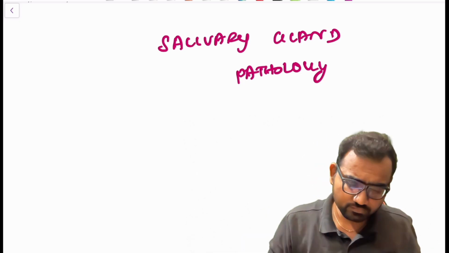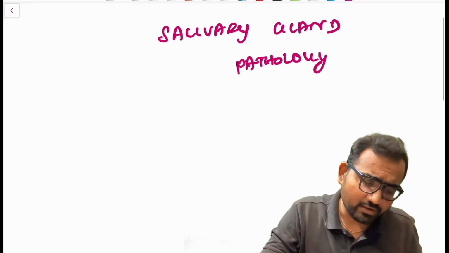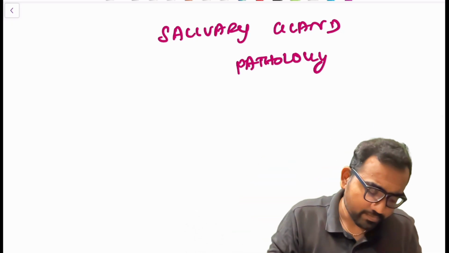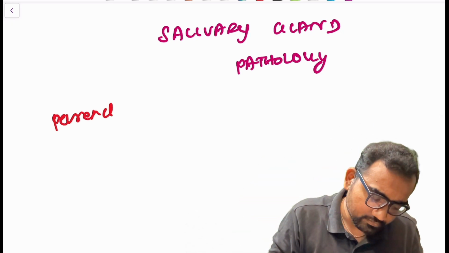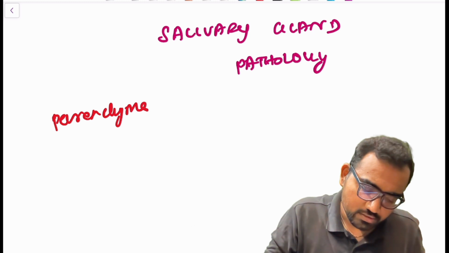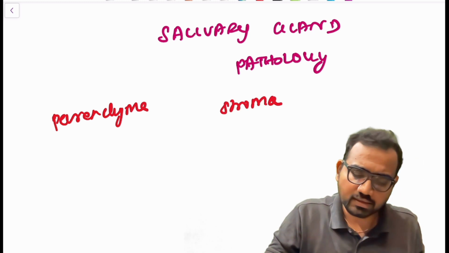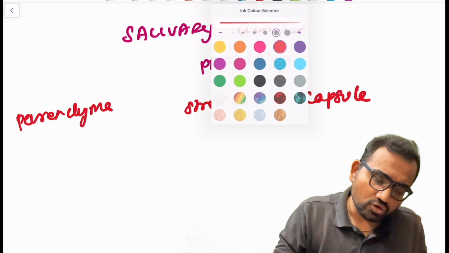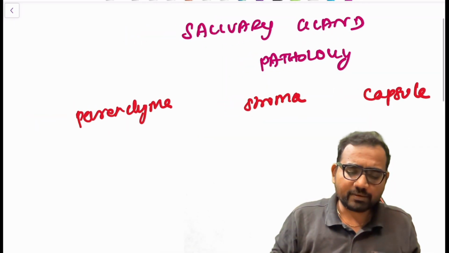Any organ will have three important coverings or structures: parenchyma, stroma, and what is called as capsule. So what do you mean by parenchyma?